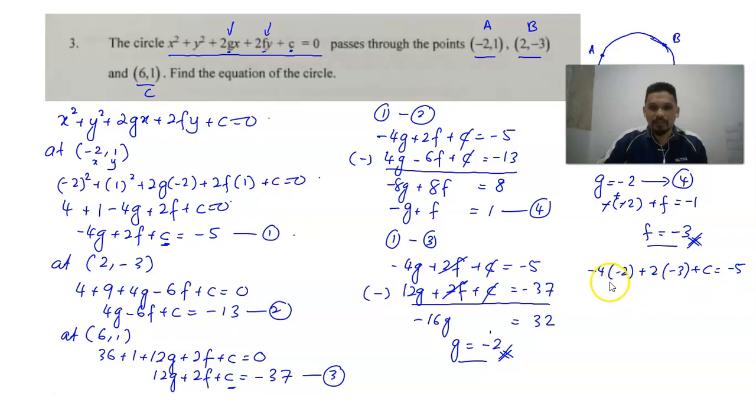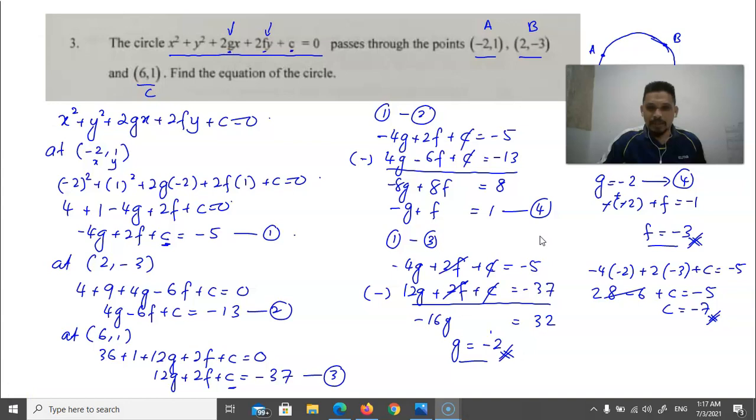Negative 4 times negative 2 is 8, minus 6, plus c equal to negative 5. 8 minus 6 equal to 2. Then c equal to negative 5 minus 2, negative 7.